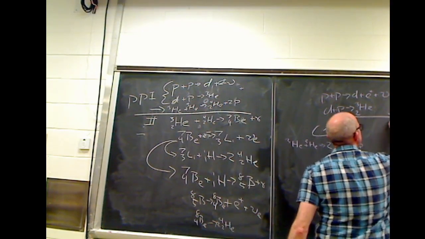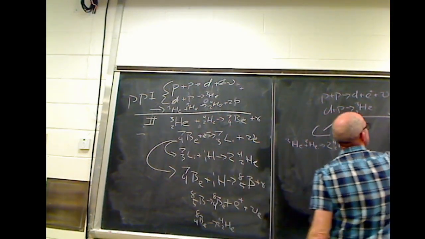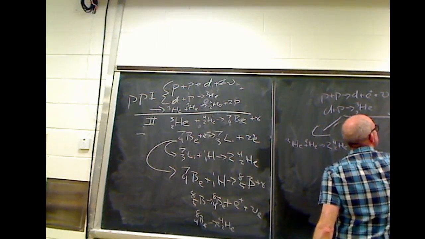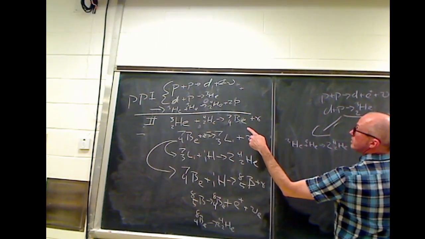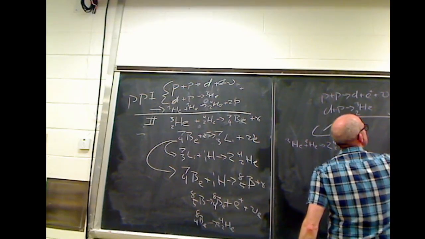Or you could take your helium-3 and add a helium-4, and that gives you a beryllium.